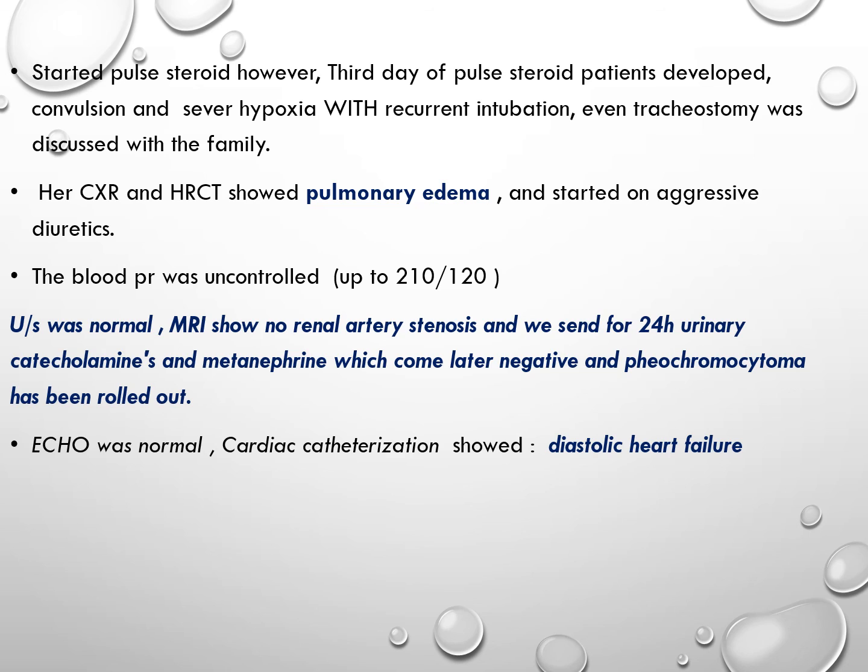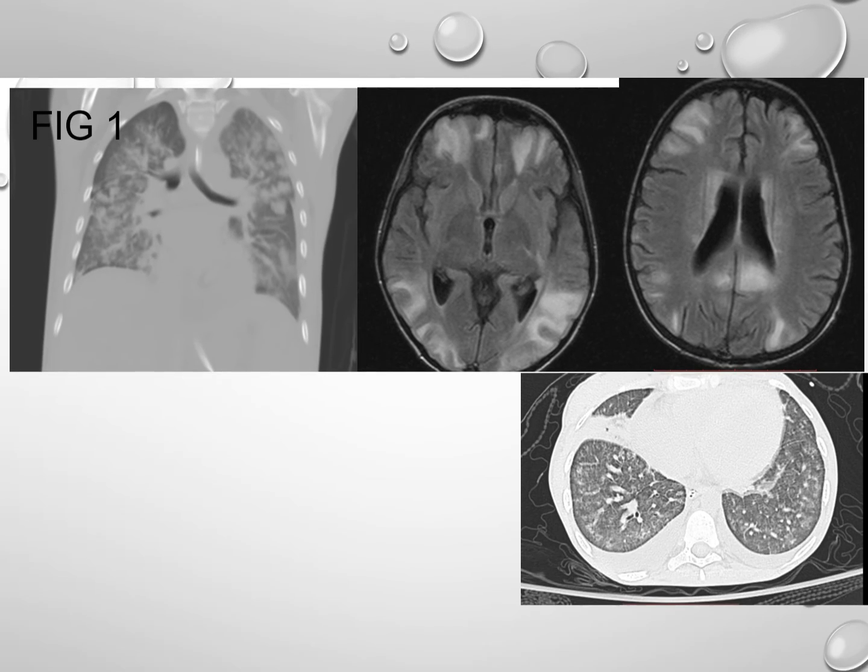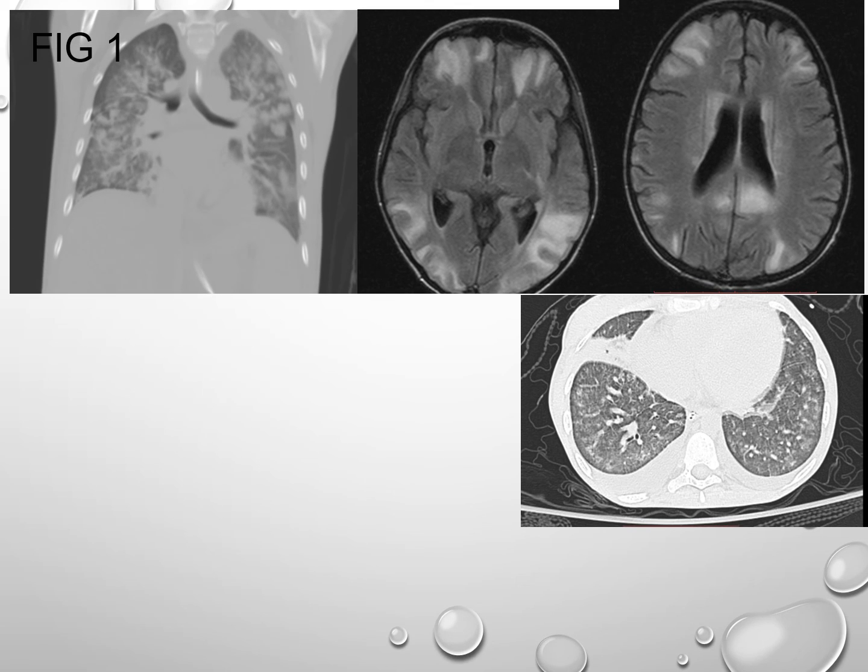Catecholamine level was done, and it was normal. So at that time we proposed cardiac catheterization, and interestingly it was a diastolic failure. MRI of the brain showed multiple areas of increased intensity, mainly in the posterior fossa.